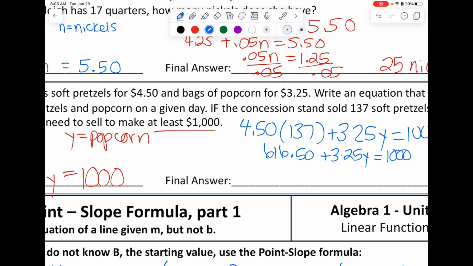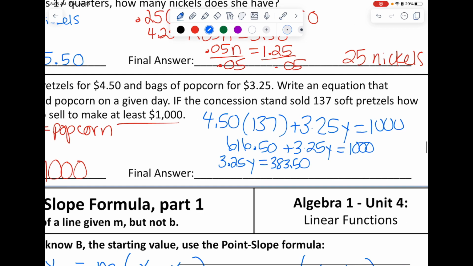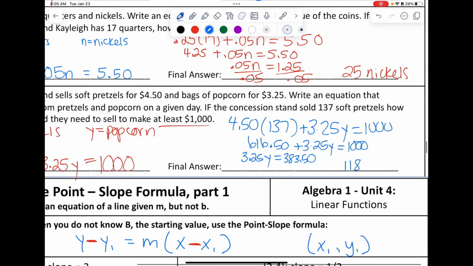Subtract that over from the 1,000. And then divide by your 3.25 to get your final answer of 118 bags of popcorn.